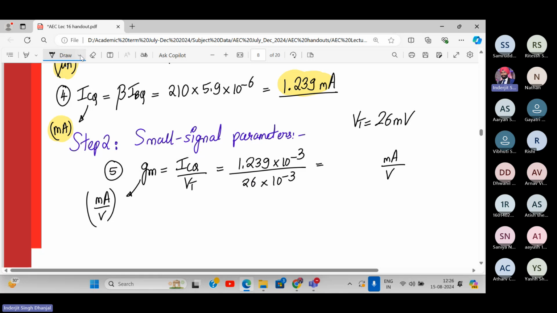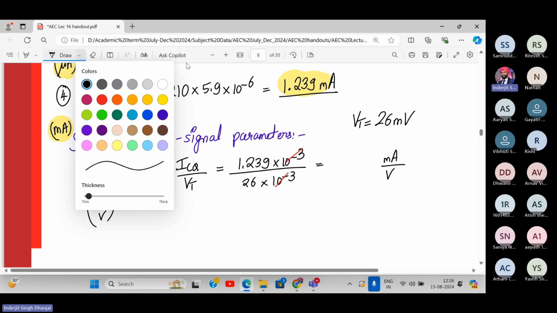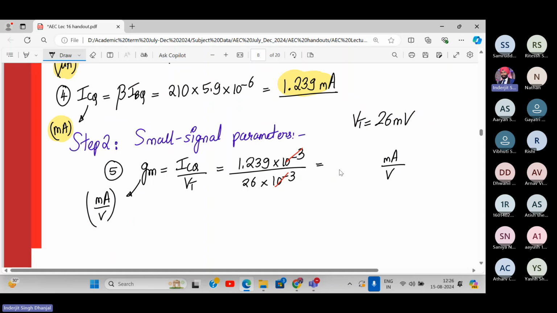You have to do 1.239 divided by 26. How much is that coming? 47 point something? Just check your answer. Is it 47.67? 47.653. Yeah, okay, nearby. That's fine.